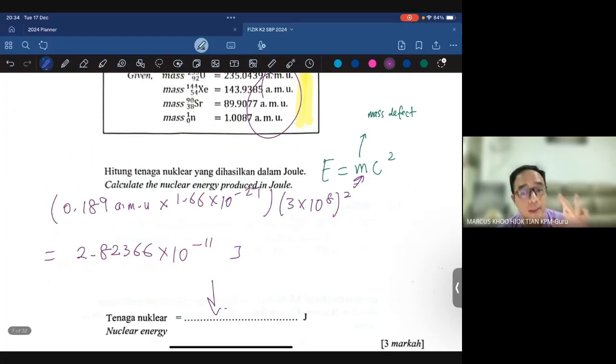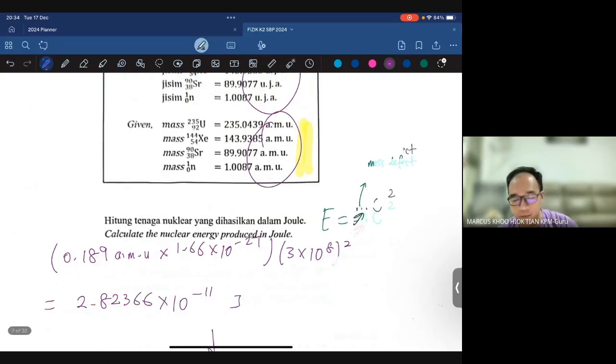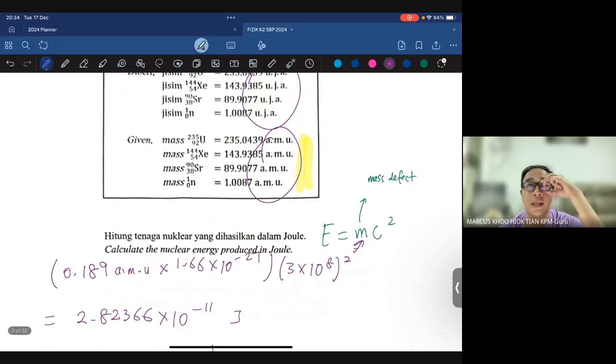The formula is an easy formula to remember. Cuma a few things kita kena ingat lah. Satu, we have to calculate the mass defect. Number two, change the mass defect to kilogram. Very rare, saya tidak pernah jumpa lah soalan nuclear reactor yang dia bagi jisim dalam kilogram.